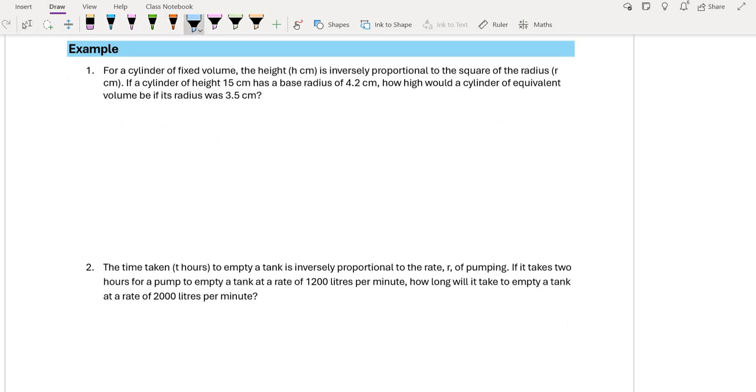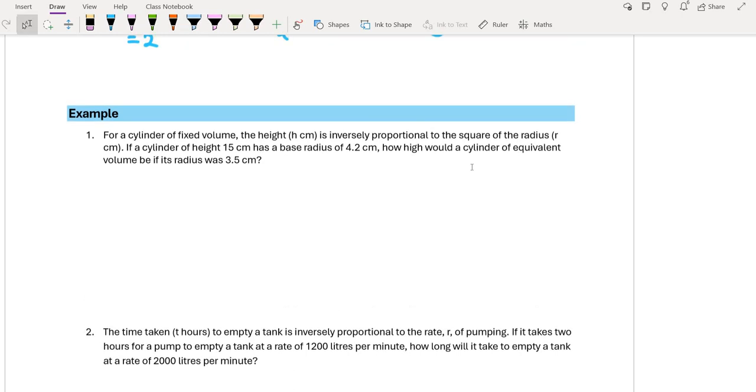Now these two are worded examples. The best way to do worded examples is to annotate what you know as you read the question. So we're dealing with the height being inversely proportional to the square of the radius. So height, let's make it h. Radius is r.